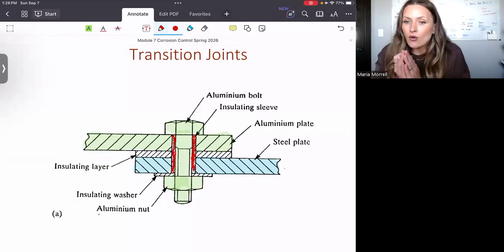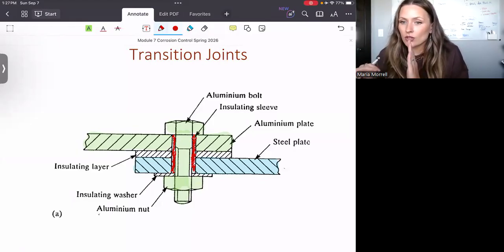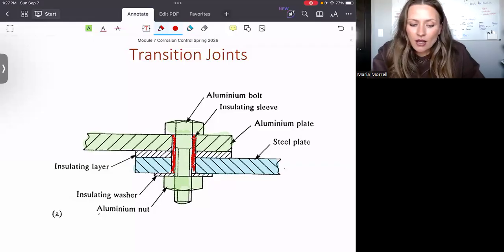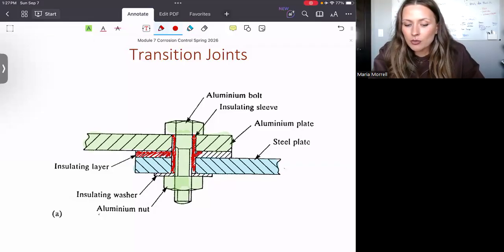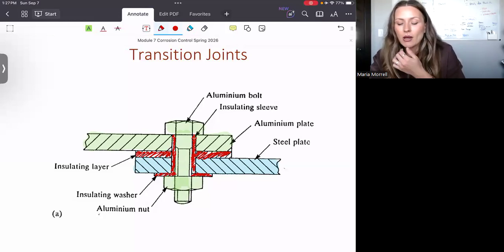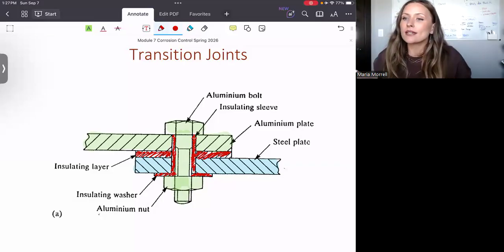So now, even though I'm using an aluminum bolt for my steel plate, those two are not connected electrically. In a sense, they exist as separate systems. Then I'm going to use an insulating mat between my plates, okay? And in addition to that, I'm going to use an insulating washer to make sure that there is no contact between my aluminum nut and the steel plate.